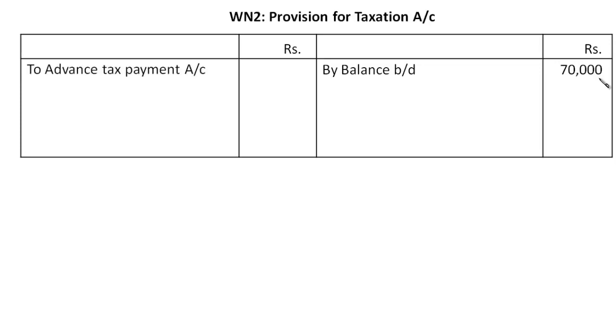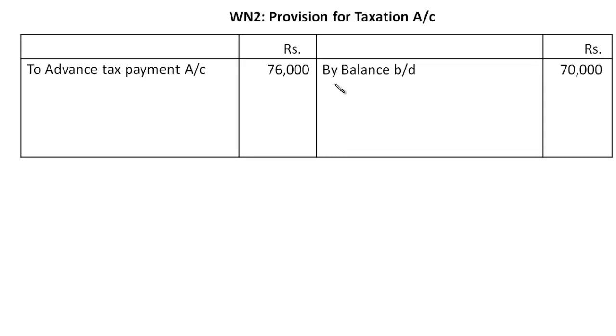So for this 70,000, there had been a tax payment of 76,000, is it not? Because last year when this provision was made for 70,000, the company had advance tax of 80,000, but they were not interlinked because the assessment was not over. Now you have a provision of 70,000, but for the corresponding provision, the matching payment is 76,000. It means the provision is now short by 6,000.